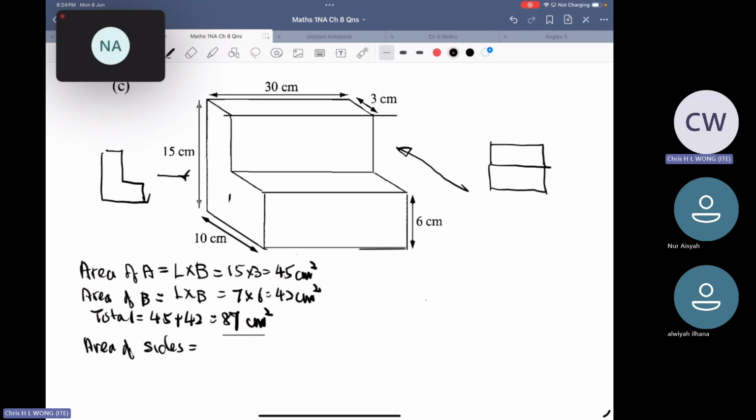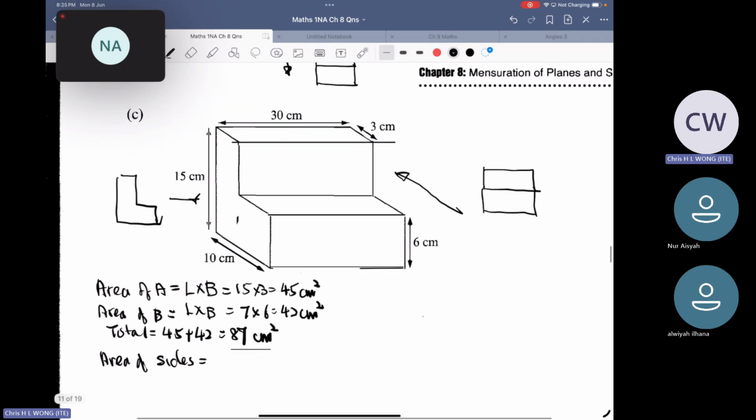Area of the side, what side? But your drawing already shows that side, so you can understand. Oh, okay. Side, front, the top, right? Okay, I agree with you.